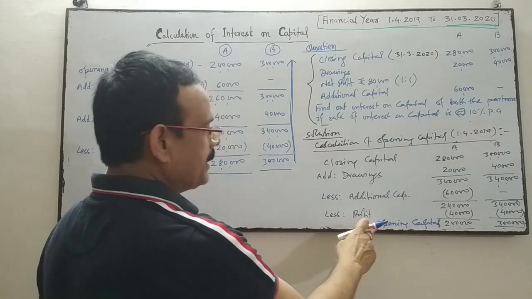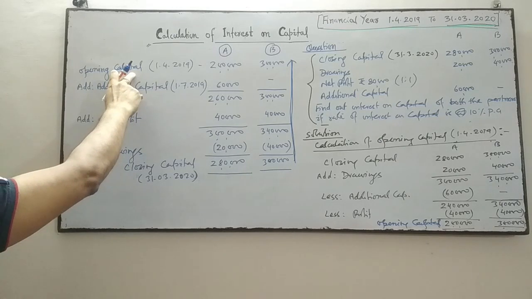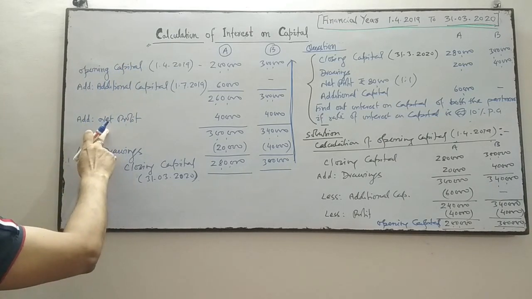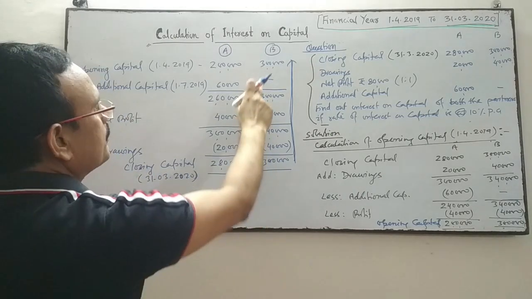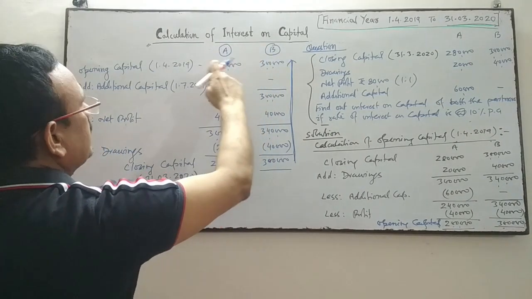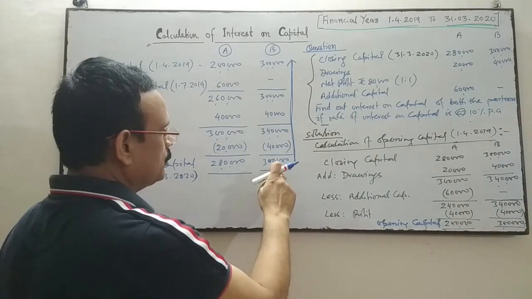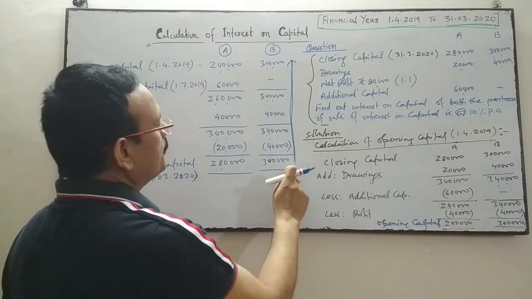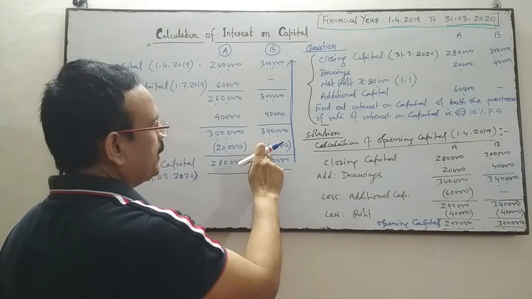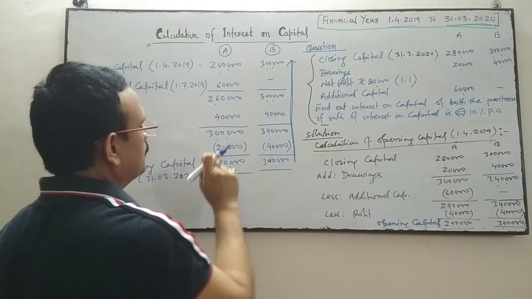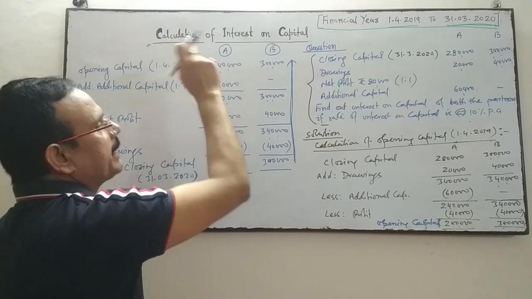In the balance sheet: opening capital, add additional capital, add net profit, less drawing, then closing capital. When all these are given but opening capital is missing, then we'll calculate the opening capital from the bottom. We start moving from bottom to top. So 3 lakhs plus 40,000 minus 40,000, we'll get it. 2,80,000 plus 20,000 minus 40,000 minus 60,000, then we'll get this amount.